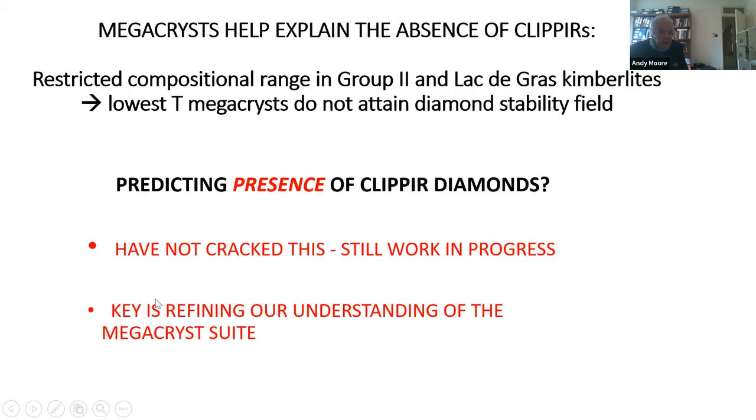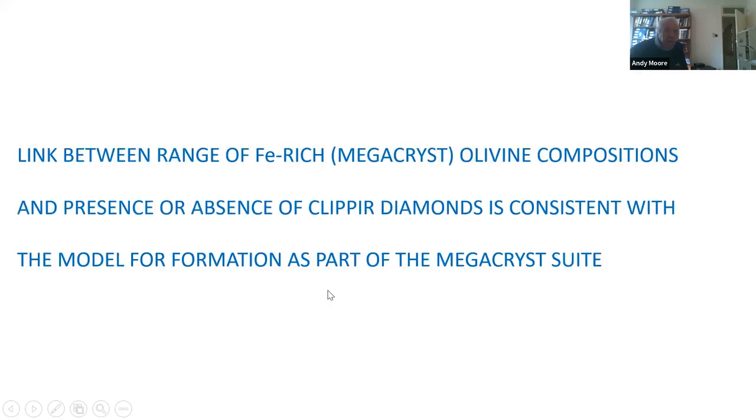And I believe that the key is going to be to refine our understanding of the origin of the megacryst suite. But an important corollary is that if there's a link between the range in megacryst compositions and the absence of clippers, I think this is strong additional evidence for a link between the clippers and the megacryst suite.